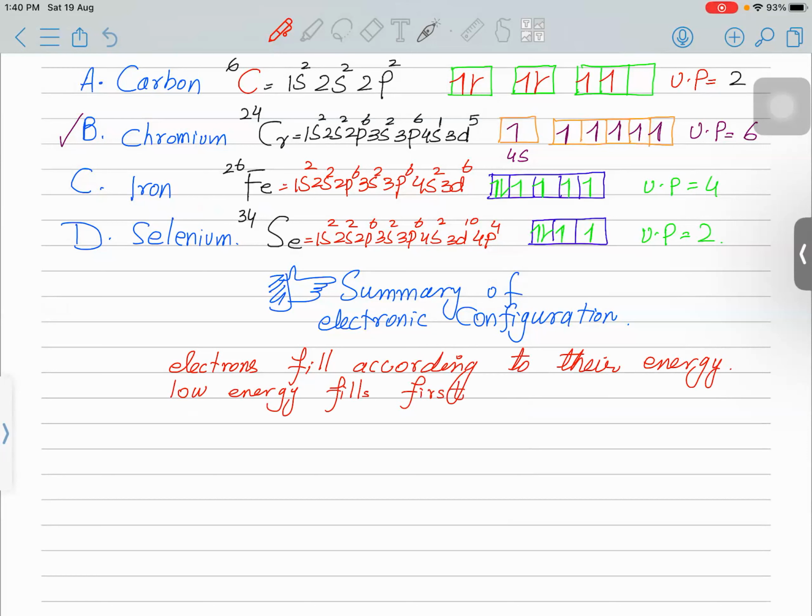So electrons fill according to their energy, and the low energy containing orbital fills first.